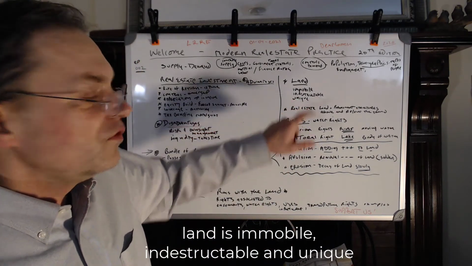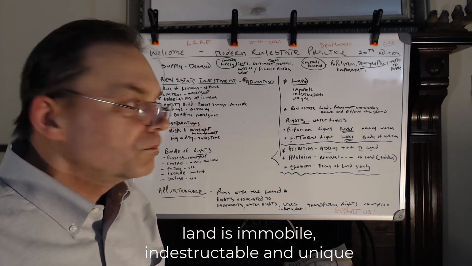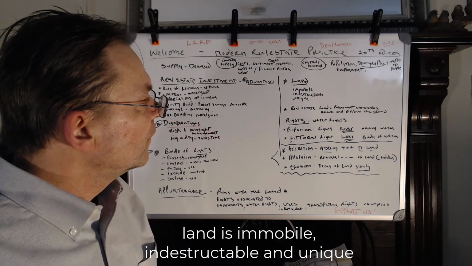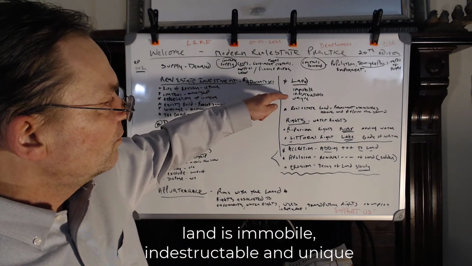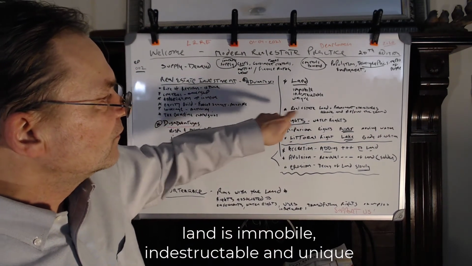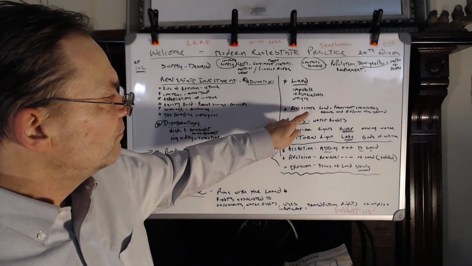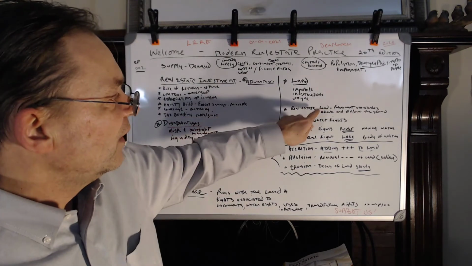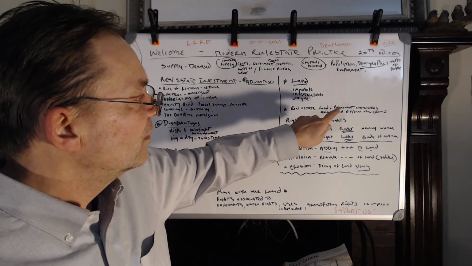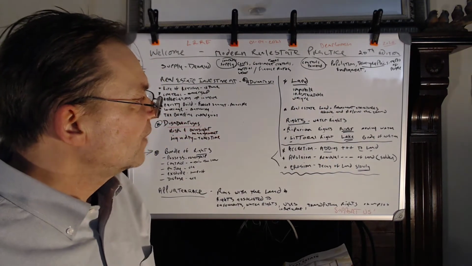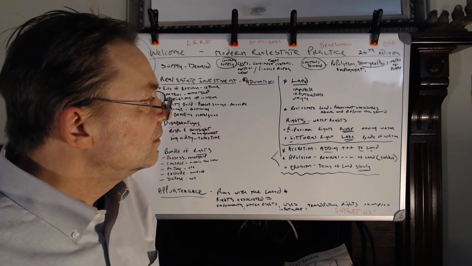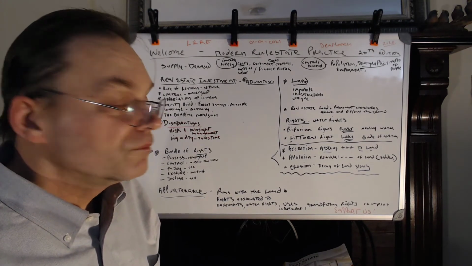And also, land is unique. So land is immobile, indestructible, and unique. In regards to real estate, it's land plus permanent structures above and below the surface.